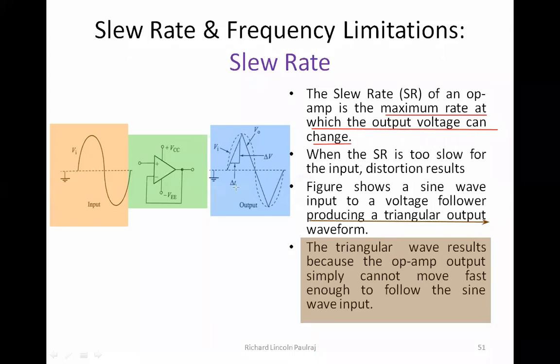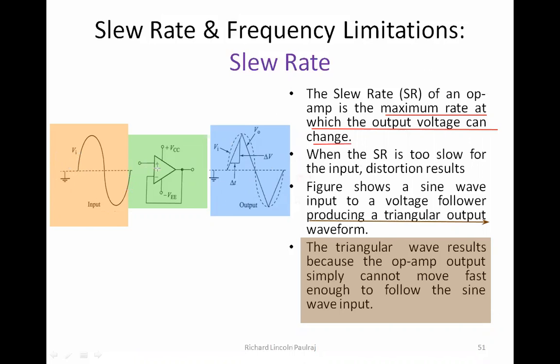Keeping this delta t, the delta V, and all these values, we will come up with the formula of slew rate. You can see that the one in orange is the input signal, and this is showing that it's with respect to ground.